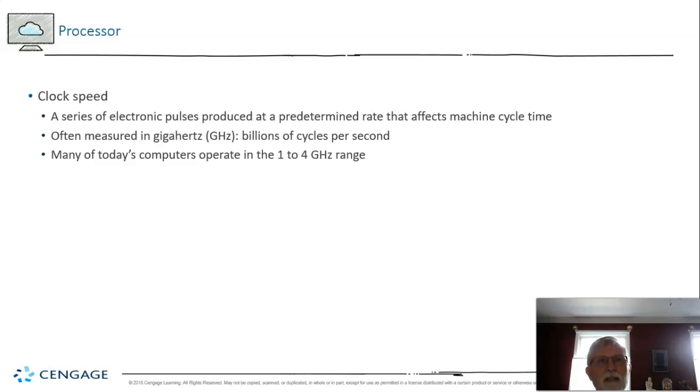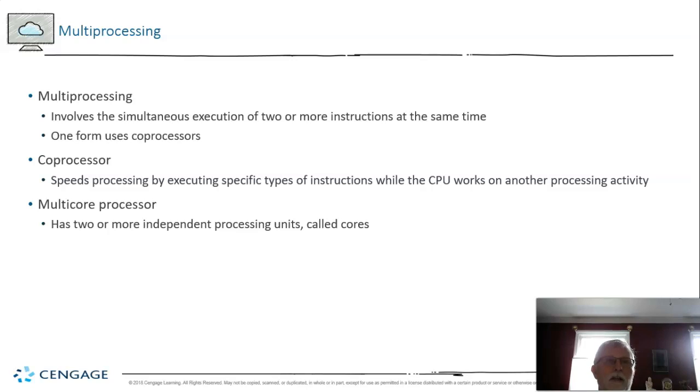Today's machines are usually in the gigahertz range, maybe 2 to 3 to 6 gigahertz, billions of cycles per second. Depending on the computer, I've seen them faster than that, but if you go to Best Buy, you're probably going to find something in that range.